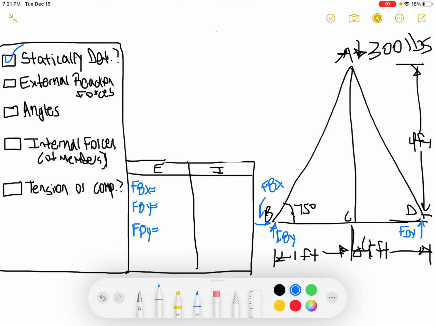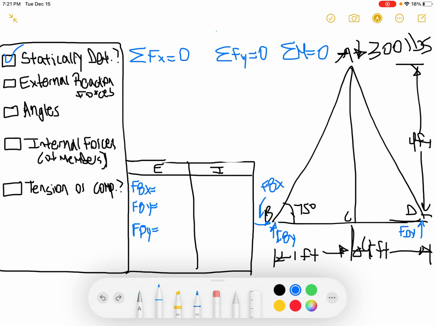So what equations we can use to find these things are the sum of the x forces equals 0, the sum of the y forces equals 0, and the sum of the moments equals 0. These are what we can use. So let's see what we can do.